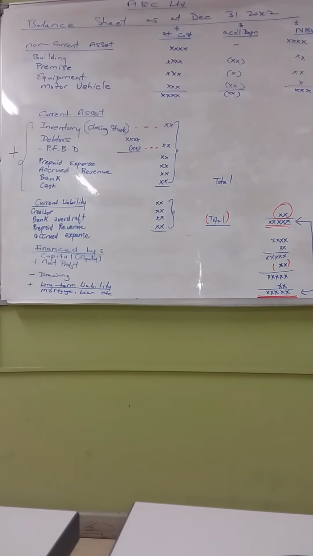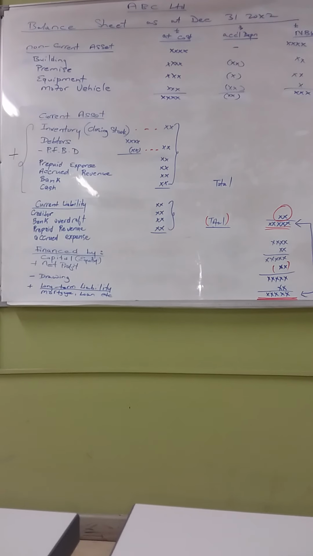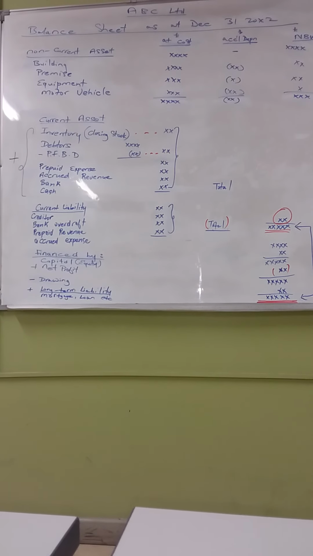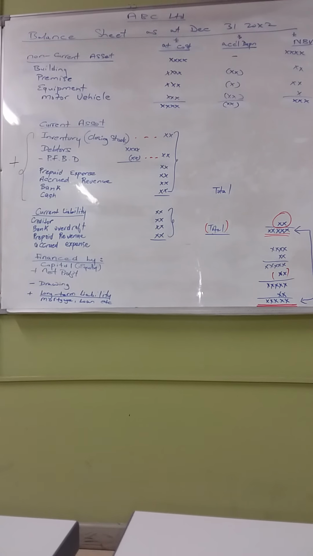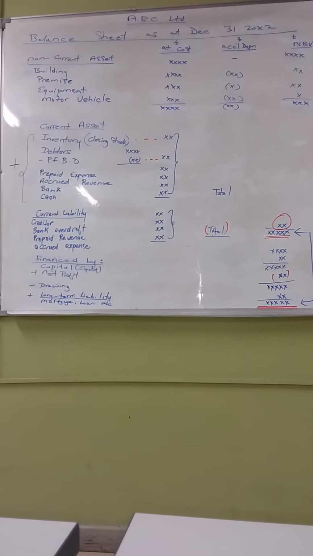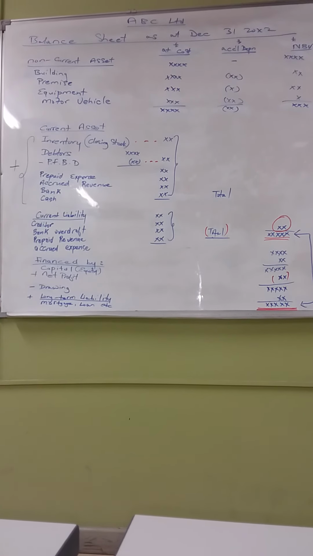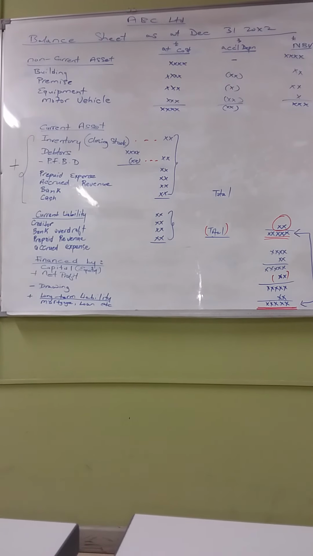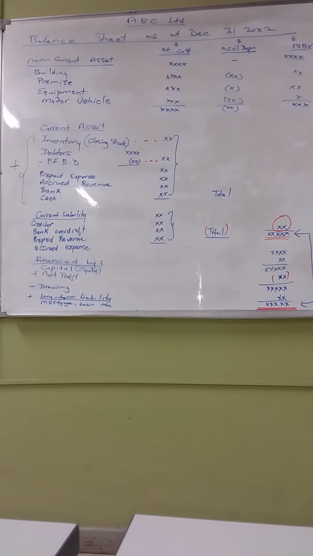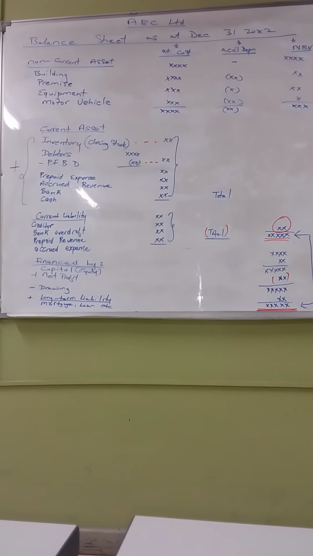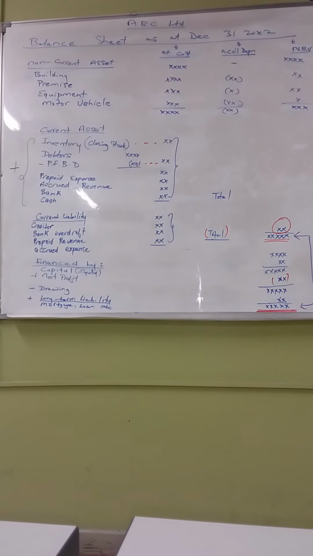Then below we have our debtors. Now, when we have our debtors, we subtract PFBD, your provision for bad debts. This is in the provision for bad debts lecture video. You minus your provision for bad debts from your debtors, because remember, you're trying to figure out realistically how much you're going to collect for that year.